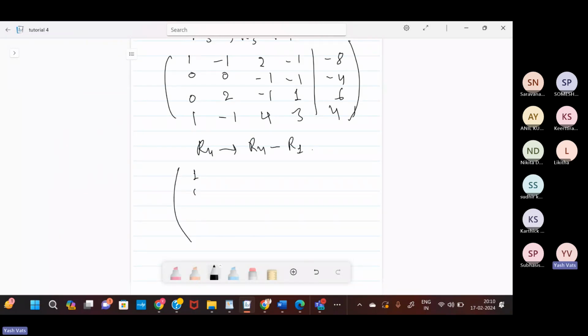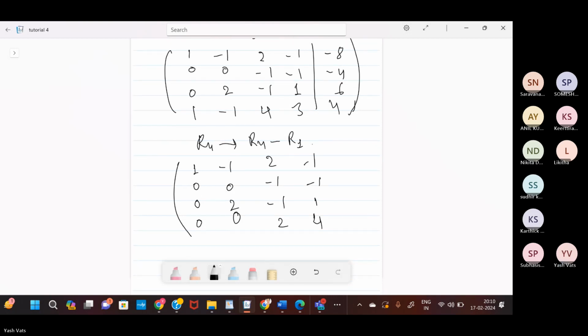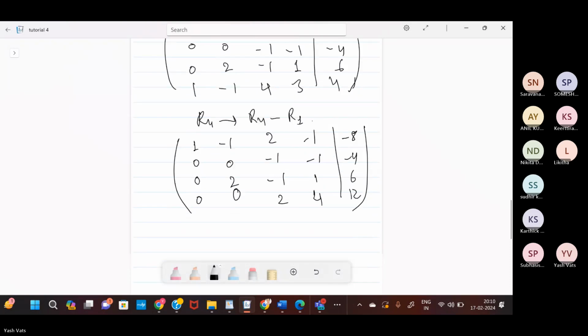So it will be 1, 0, 0, 0, -1, 0, 2, -1, +1. Is it right? Correct, sir.